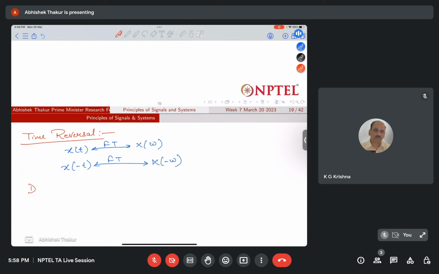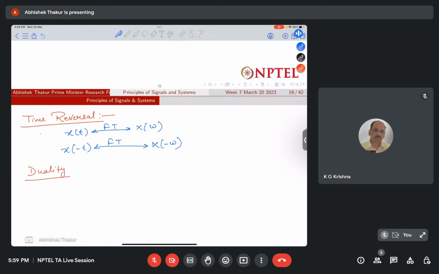And one more we'll see, duality. The Fourier transform of X(t), when you substitute omega is equal to t, will become 2 pi x of minus omega. Understood? When you substitute omega is equal to t, this will become 2 pi into x of minus omega, with an additional multiplication of 2 pi.